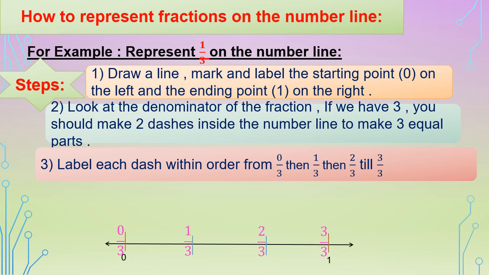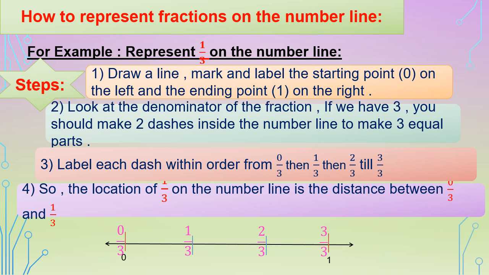So 0 over 3, after 0 over 3, 1 over 3, after 1 over 3, 2 over 3, in order till the whole fraction 3 over 3. Let's remember together, the whole fraction is a fraction whose numerator and denominator are the same, like 3 over 3, 4 over 4, 5 over 5, 6 over 6, and so on.